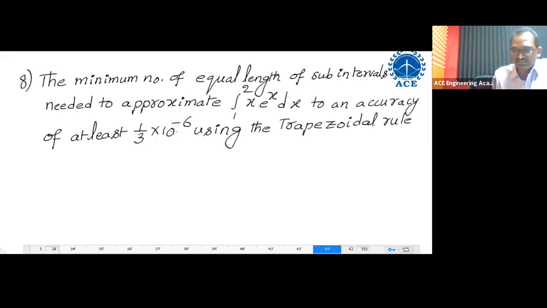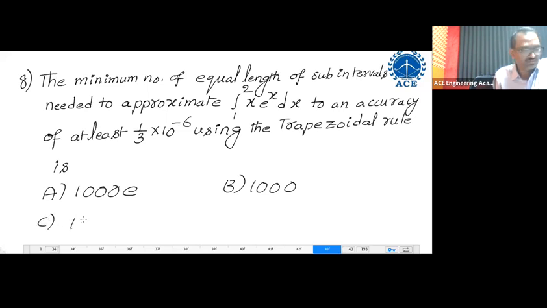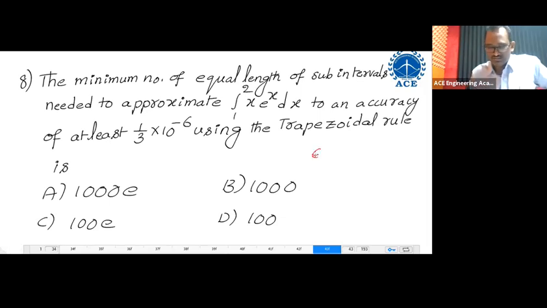This 1/3 into 10 power minus 6 is the error value. Option A. This problem was given in GATE.